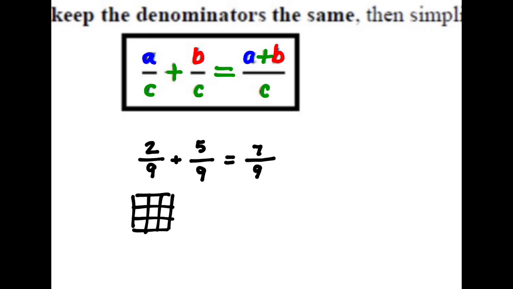So this rectangle, square, whatever, has 9 parts. So that's why it's out of 9. I started with 2. And now I'm going to add 5 more, right? So 1, 2, 3, 4, 5. So how many total are shaded? 7. And that's where they came from.